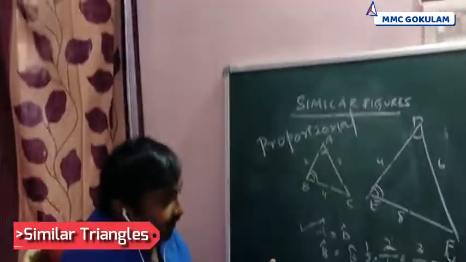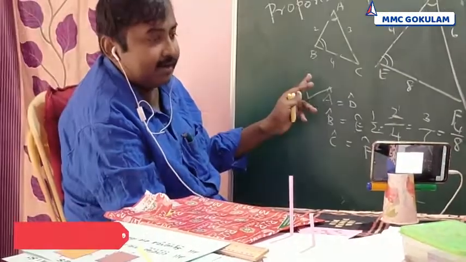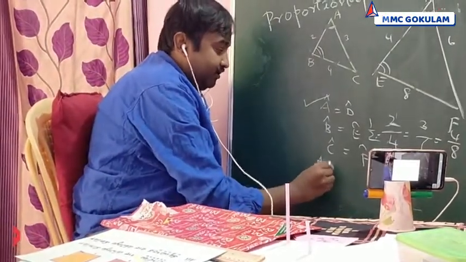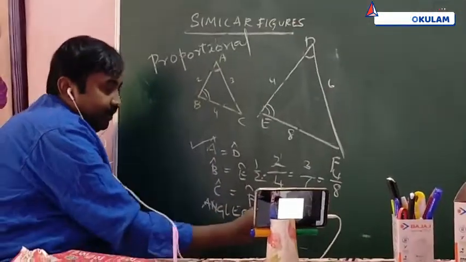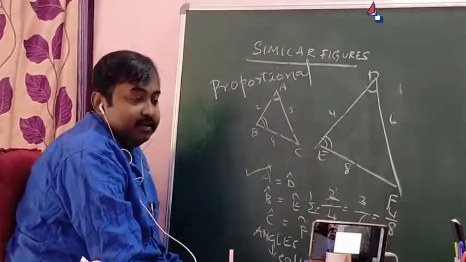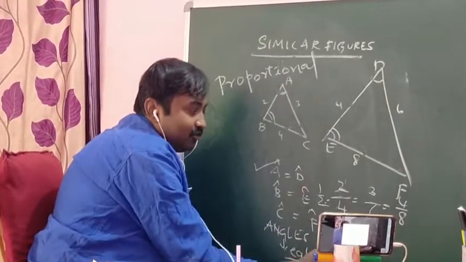So now we have got an idea. What is the conclusion for two geometrical figures being similar? First, angles. What about angles? Angles must be equal. And what about sides?